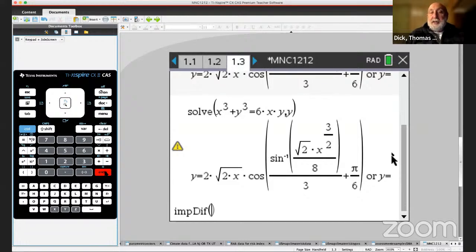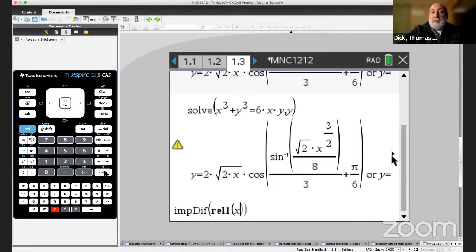For this, we'll put in that same relation. Now you indicate the independent variable. What are you taking the derivative with respect to? And the dependent variable, in this case y. So you're really indicating dy over dx because it's in terms of x and y.